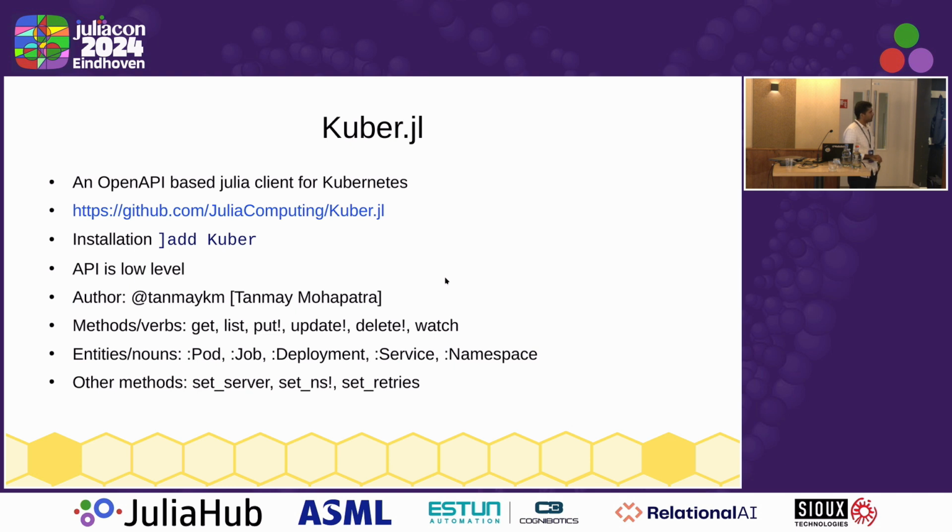And the API is fairly low level in the sense we expose the API as is, and you might want to write wrappers to do some common tasks which you might have. But it's pretty powerful in the sense that the API is pretty close to the spec that's provided.